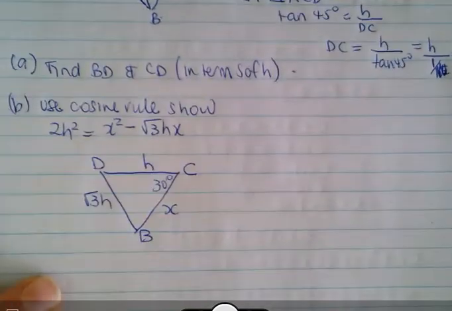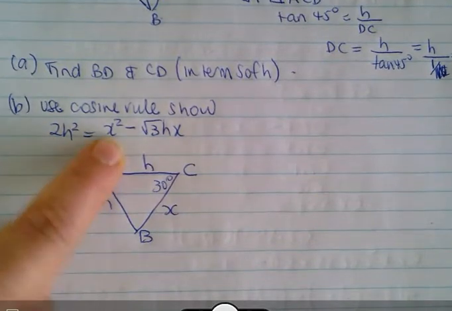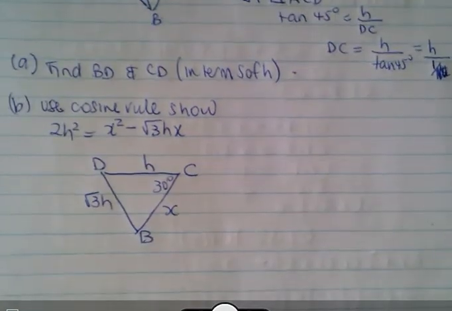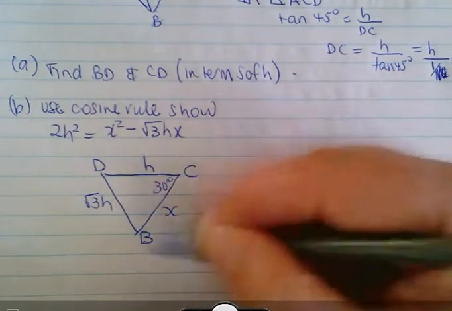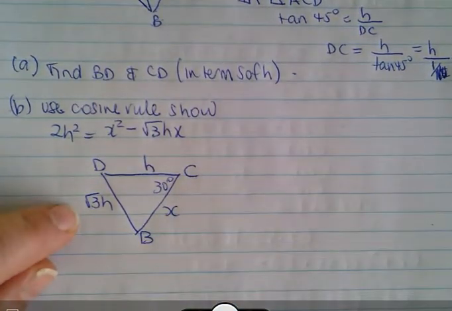So it says use the cosine rule to show this expression: 2h squared equals x squared minus root 3hx. We're not finding the angles, so you need to use the side version of the cosine rule.